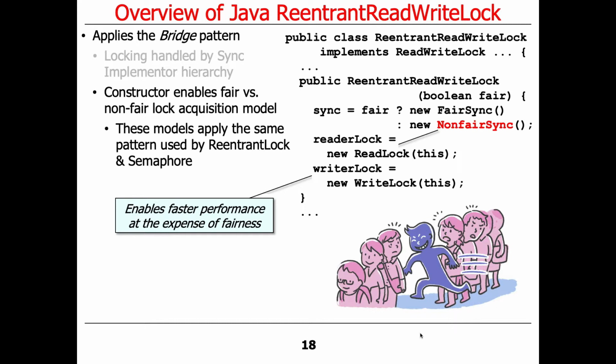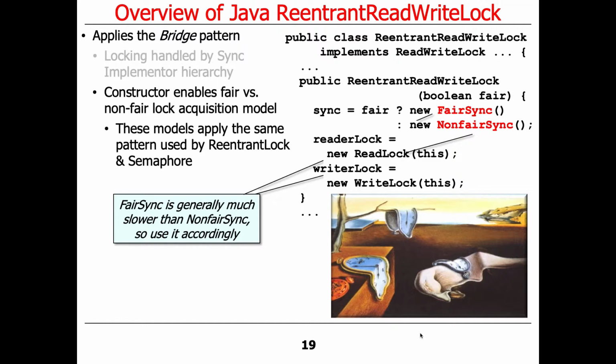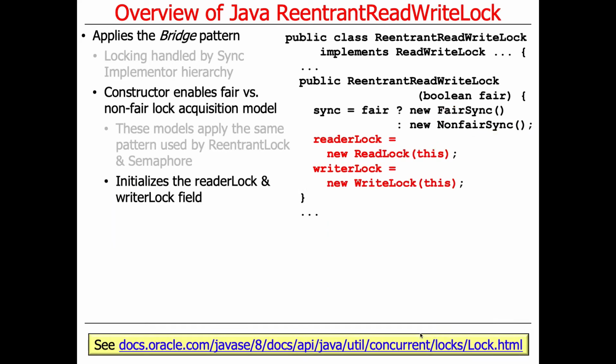So you have to decide which approach you really want. In general, FairSync is a lot slower than NonfairSync, so use it accordingly. It's also worth noting that there's another constructor that has no parameters, and by default, the behavior is NonfairSync to emphasize performance over fairness.